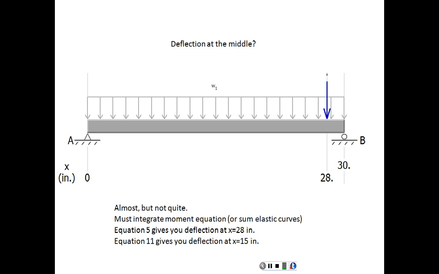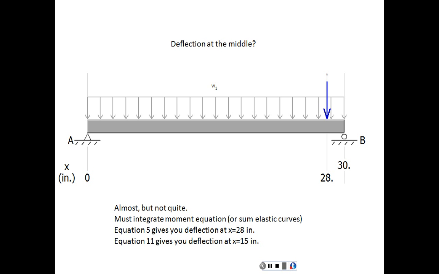This is where I'm going to introduce this last equation column down here, the elastic curve. The elastic curve is your V of x that you would get if you write the moment equation and integrate it twice. The elastic curve is your deflection shape.